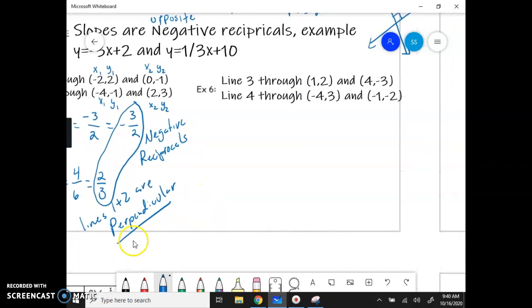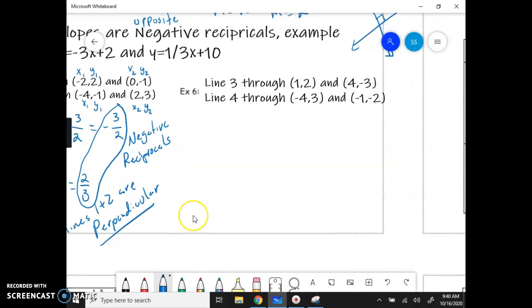Maybe you should pause the video and give this one a shot first, and then we'll go through it. So pause the video, try this one. All right, we need to first find the slope of line 3. m of line 3 is equal to -3 minus 2 over 4 minus 1, and we get -5/3. There's the slope of line 3.